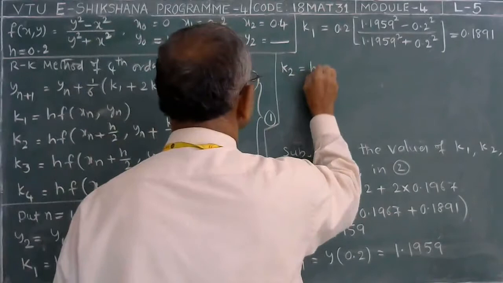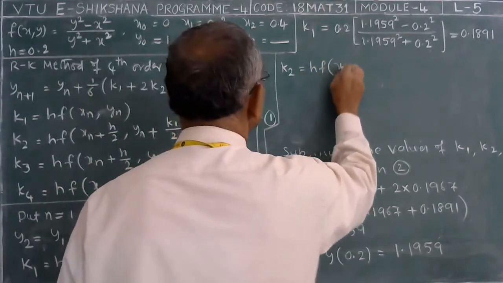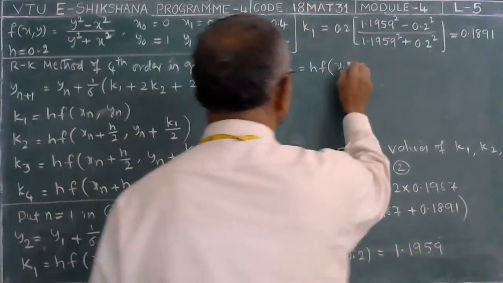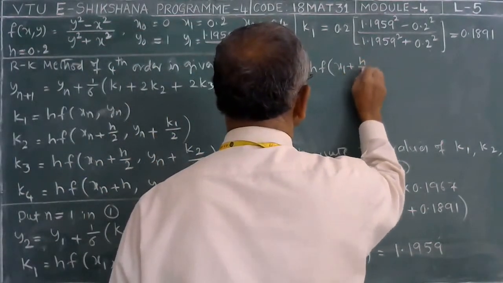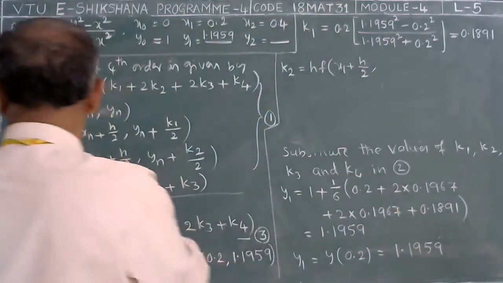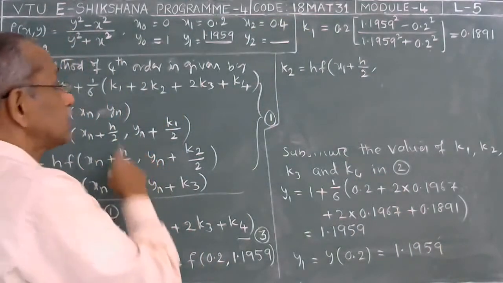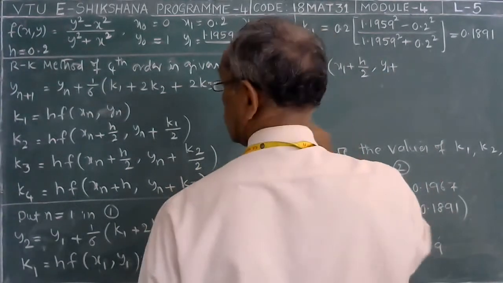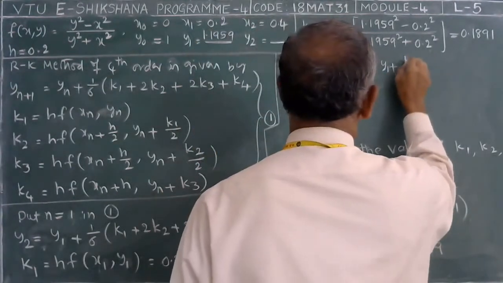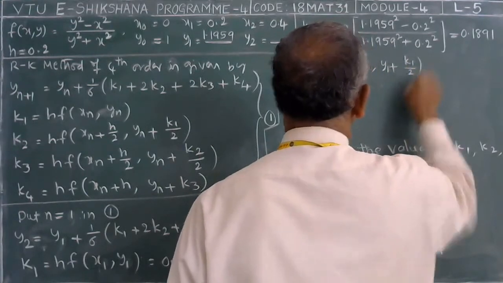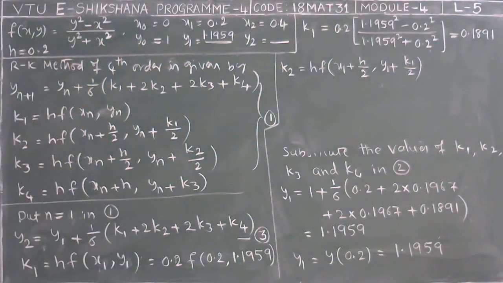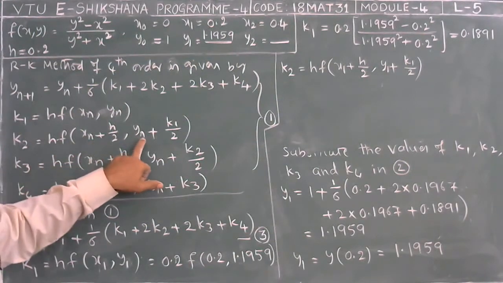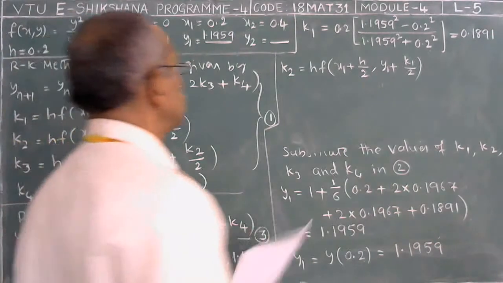Now let us calculate K2. K2 is h into f of, then n is 1, x1 plus h by 2, y1 plus k1 by 2. So K2 is h into f of x1 plus h by 2 comma y1 plus k1 by 2. Okay. Now substitute the values.